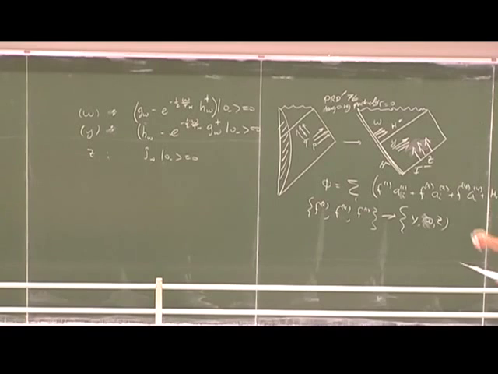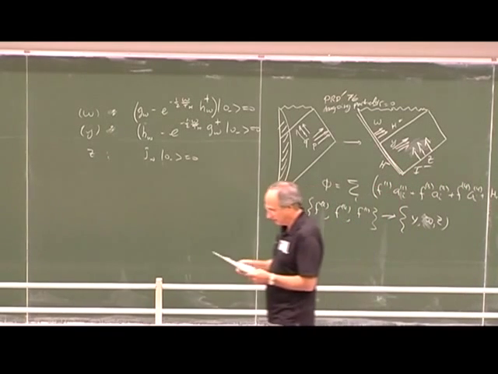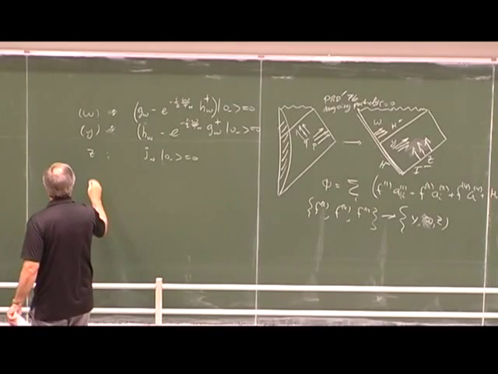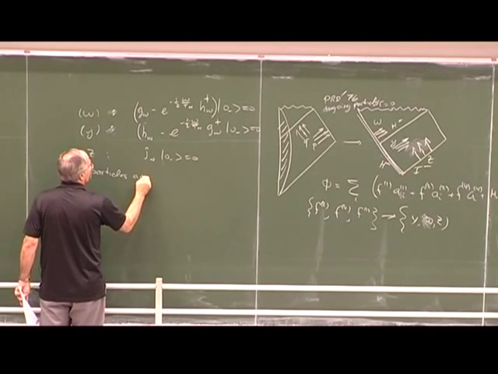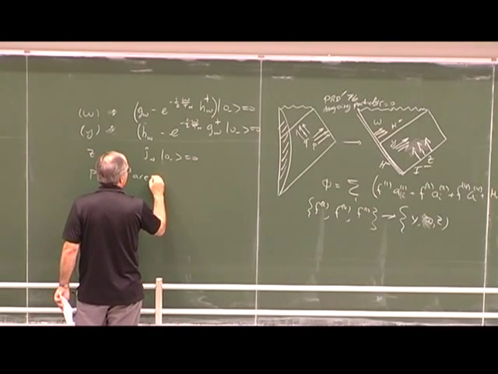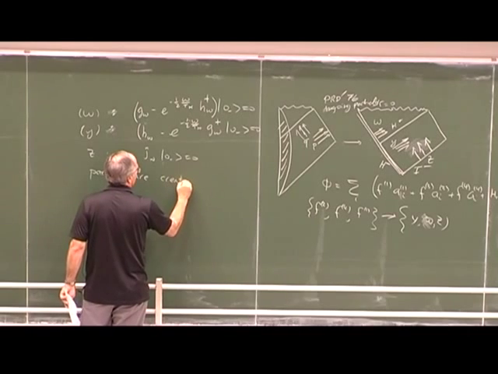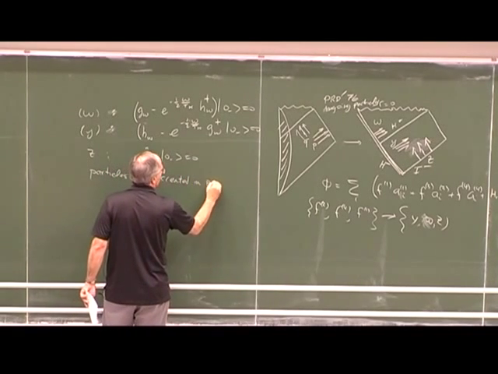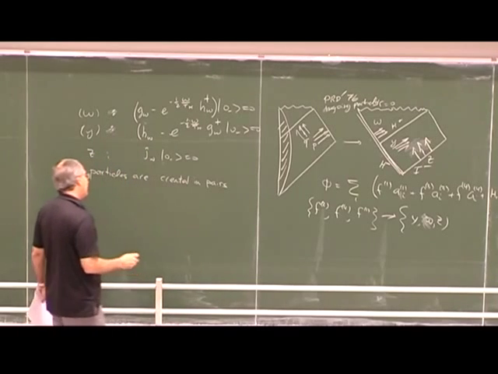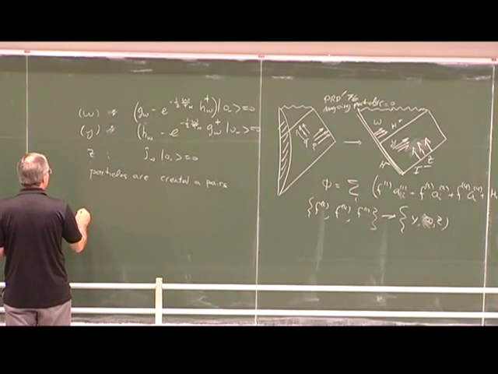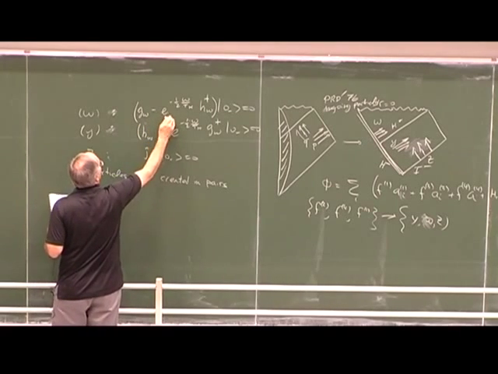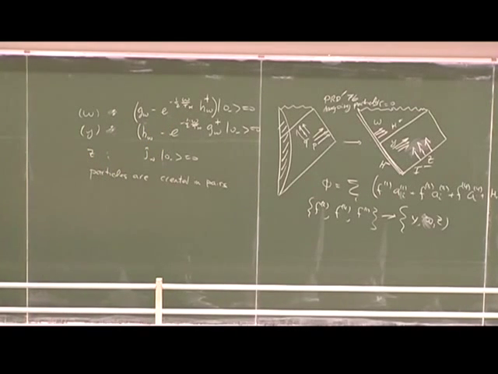So this is the more precise manifestation of the pair production picture, with the caveat that the definition of particles is not that precise. And then this is already a hint that the state that is created is a thermofield double.